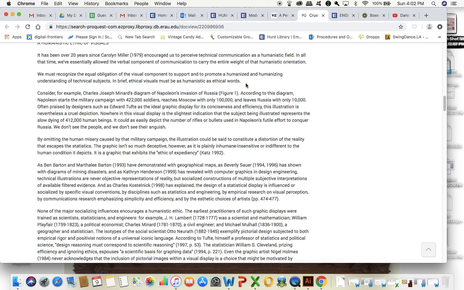Technical communication is this kind of straddling discipline because it's about writing, so it's humanistic, but it also is tech writing, so it's writing in specific fields that are not necessarily humanistic. So it kind of falls into both of these categories.